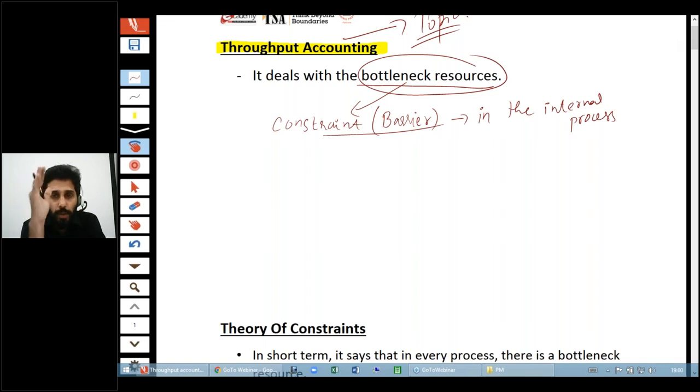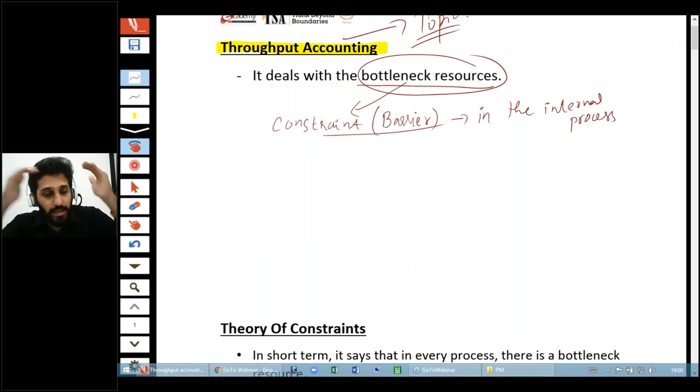See that. Observe my body language as well. Focus on my words. You need raw material, right? After purchasing the raw material, you insert it in your production process. After purchasing the raw materials, the internal process might have some barriers.